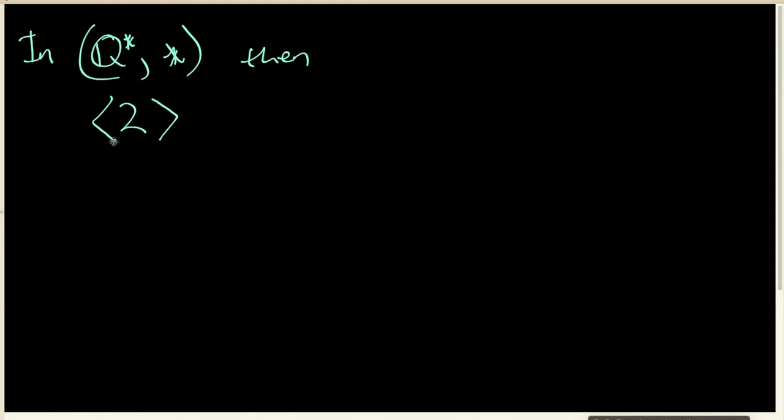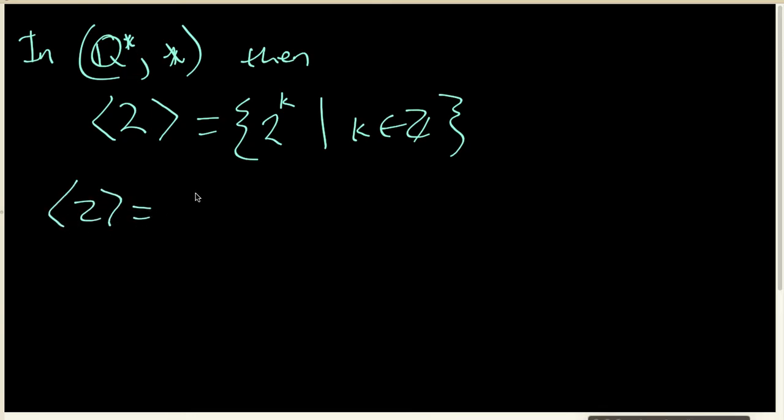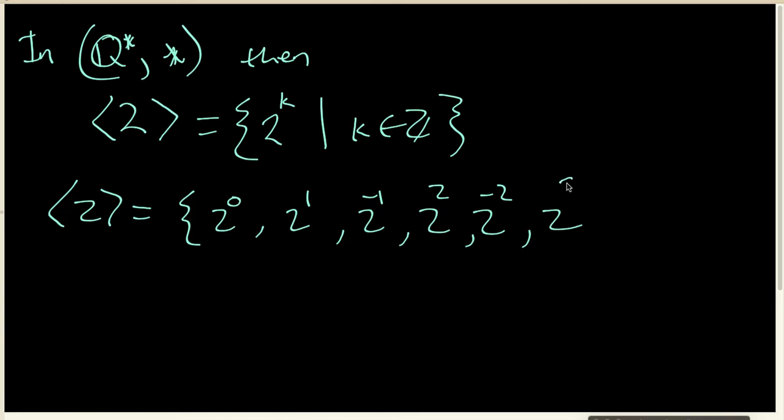If I look at the multiplicative group, the non-zero integers under multiplication, then I can look at the cyclic subset generated by 2, and that would be 2 to any integer power. And so this set would include 2 to the 0, 2 to the 1, 2 to the negative 1, 2 squared, 2 to the minus 2, 2 cubed, 2 to the minus 3, and so on.